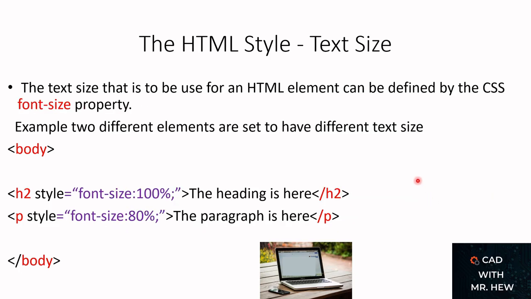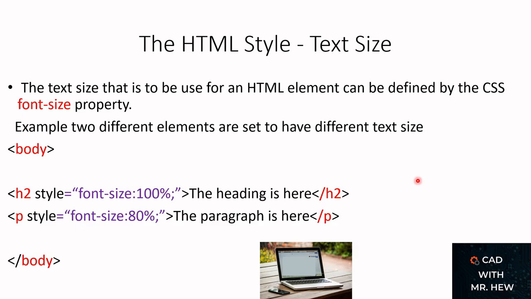All right, HTML style, and we're looking at the text size. The text size that is to be used for an HTML element can be defined by the CSS font-size property. Example, two different elements are said to have different text size.